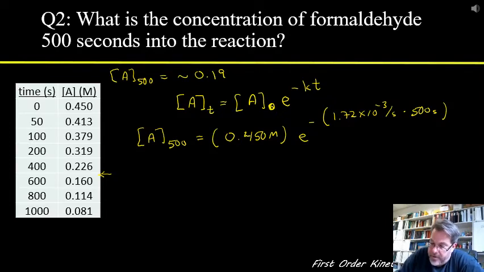So if we look over here on the right side where that exponent is, we've got the rate constant, reciprocal seconds, times 500 seconds. So our seconds are going to cancel out, and that is going to be unitless, and that's good, because anytime you're doing math, if you've got an exponent, that exponent generally should be unitless. If your exponent is not unitless, there's a decent chance you've made a mistake.